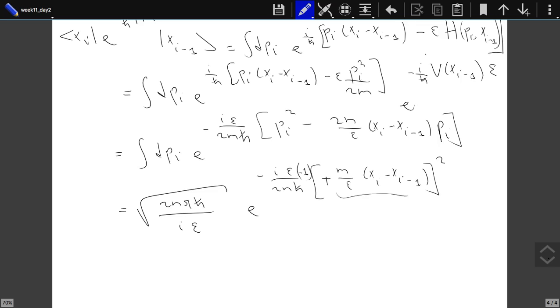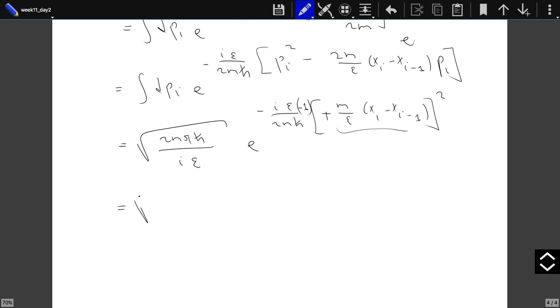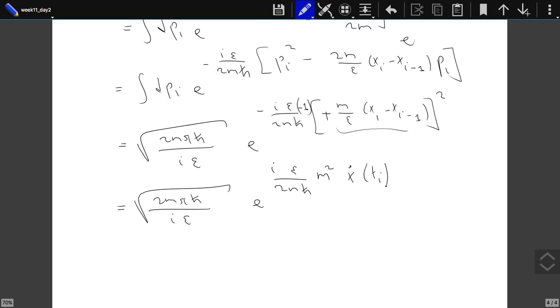And let's just simplify this a bit. 2m pi h bar over i epsilon, e to the power i epsilon over 2m h bar, m squared times x dot, let's say, at ti. X dot at ti is just xi minus 1 over epsilon. This thing is squared.